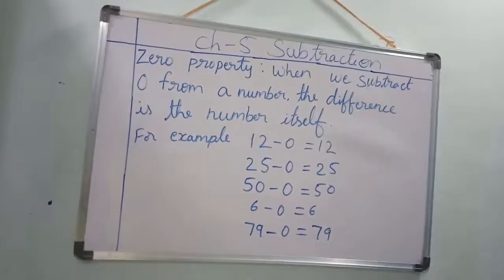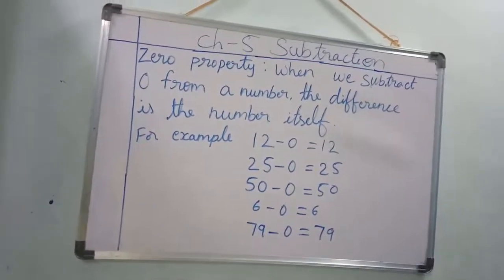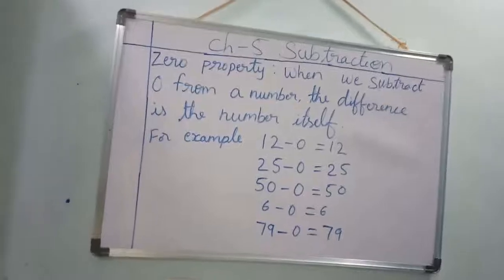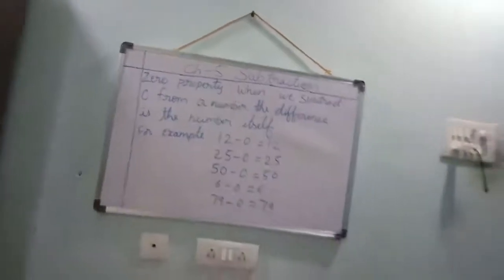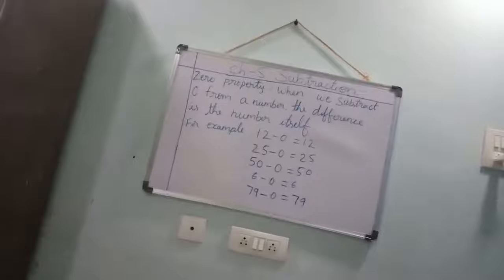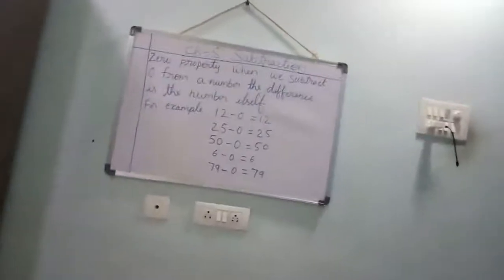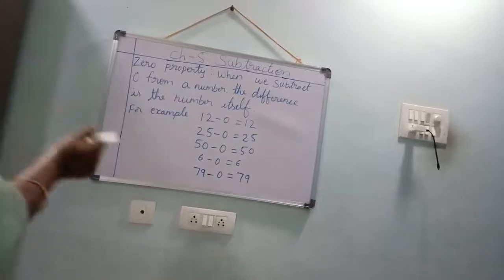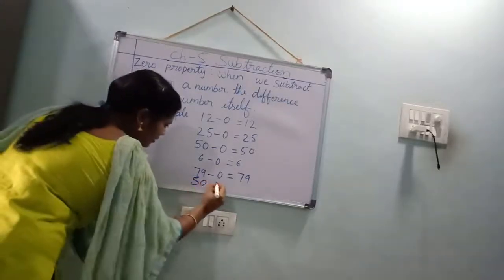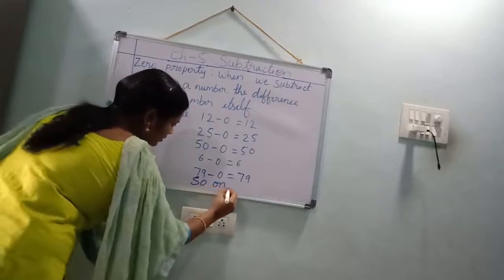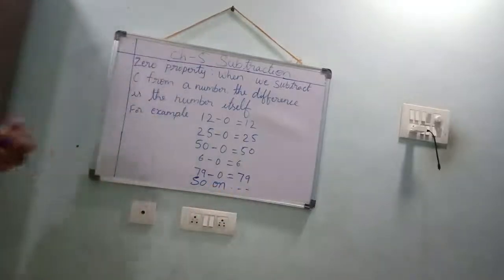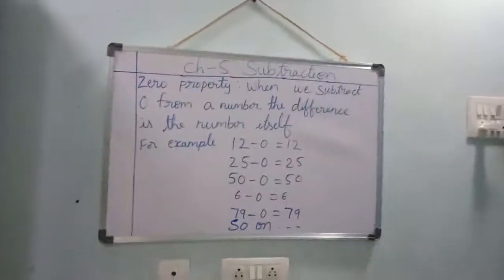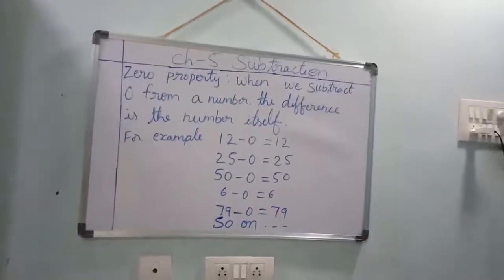Not only this, you can take any number and subtract 0; that number itself will come. Understood, children? Copy in the classwork.